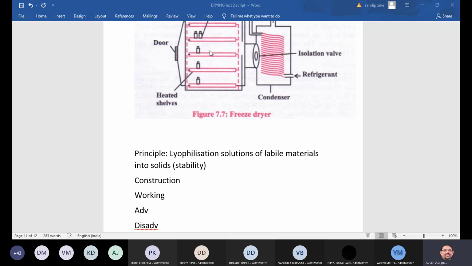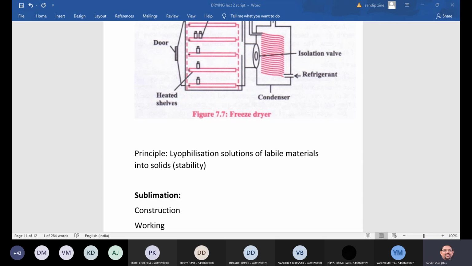Clear this point? So in principle, the main principle involved in lyophilization is which phenomenon? Sublimation. Do you know an example of any material which defines the terminology sublimation?